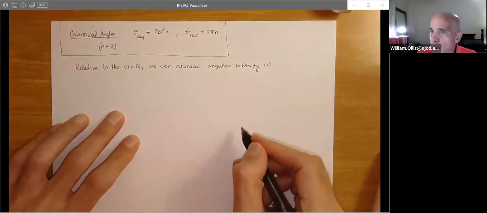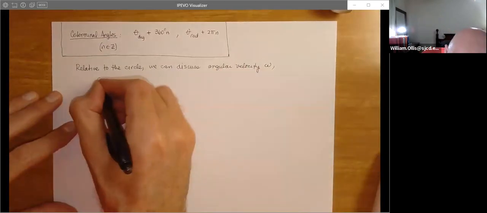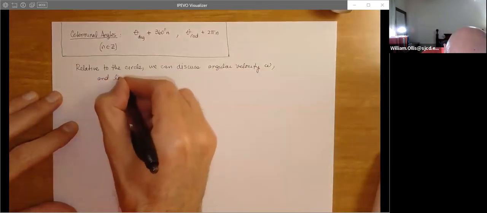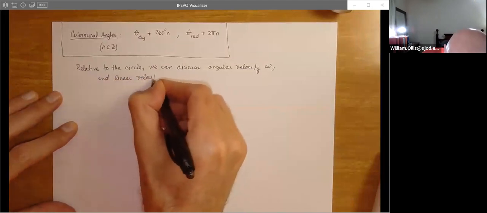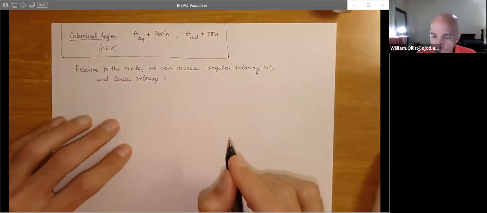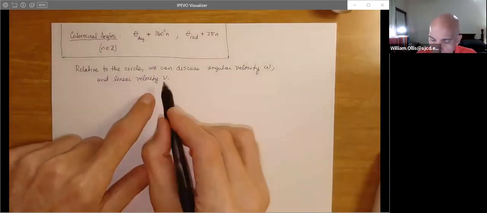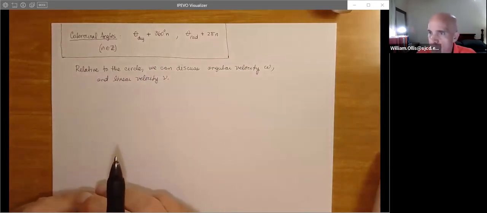Omega, it looks like a W, angular velocity omega, and linear velocity, we're going to call it nu, like a V. The book uses omega, and I write my V's like the Greek nu, so you know it's a V.